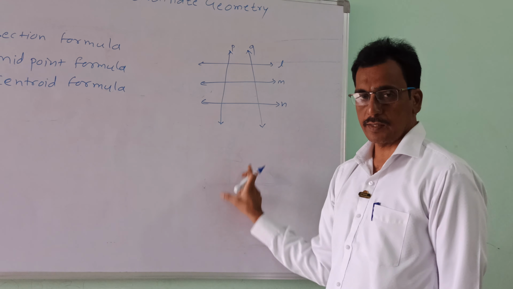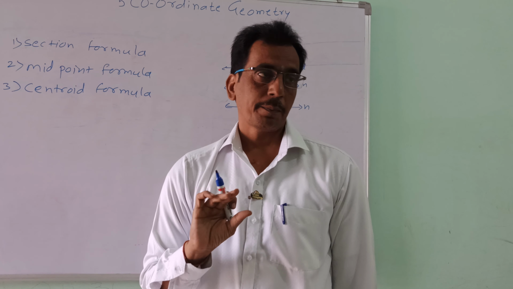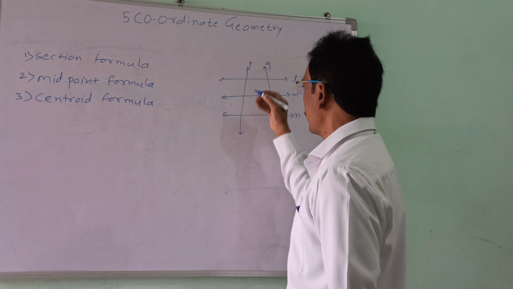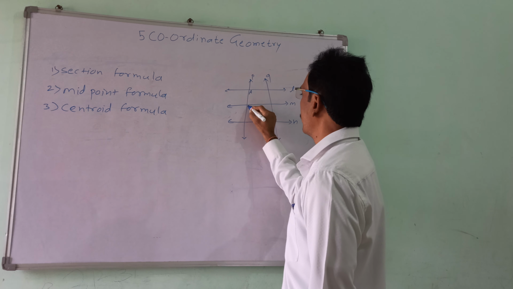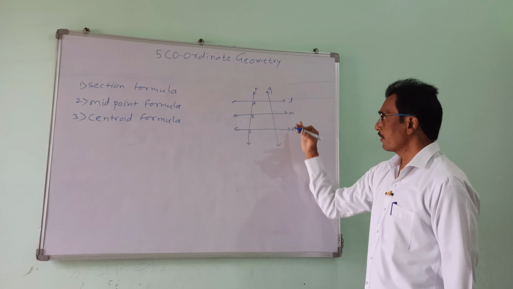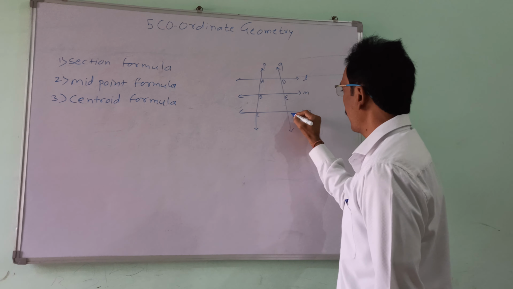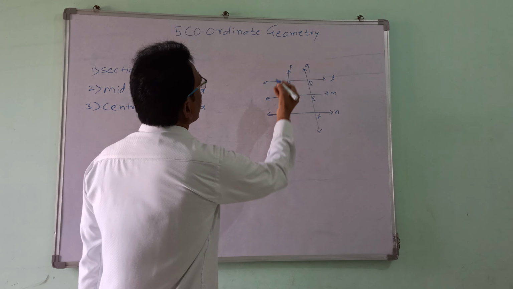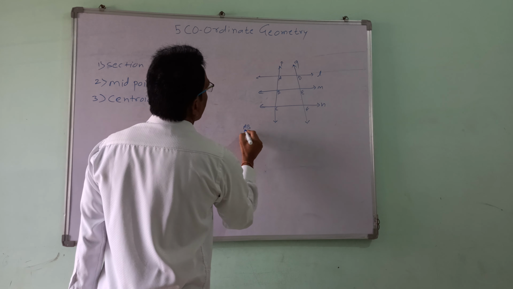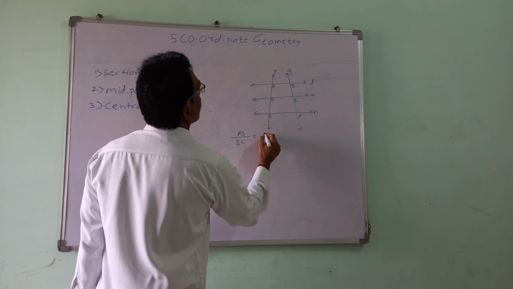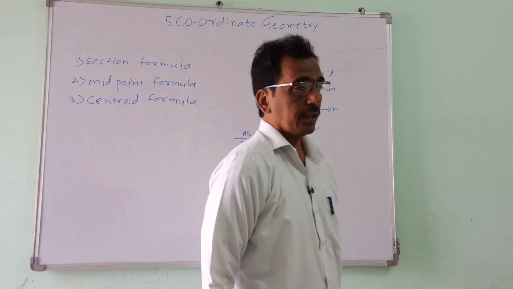P and Q are transversals, and lines L, M and N, these 3 lines, are parallel lines. Line P intersects lines L, M, N in the points A, B and C. And transversal Q intersects them in D, E, F. Then we get the ratio. Ratio on the line P, AB upon BC is equal to DE upon EF. These both ratios are equal.